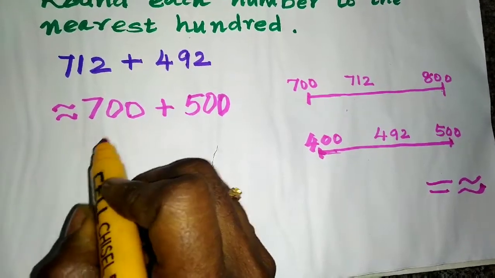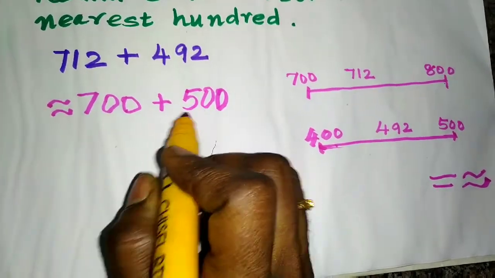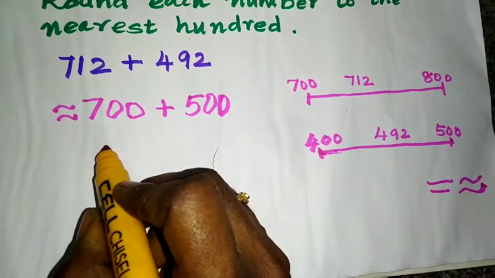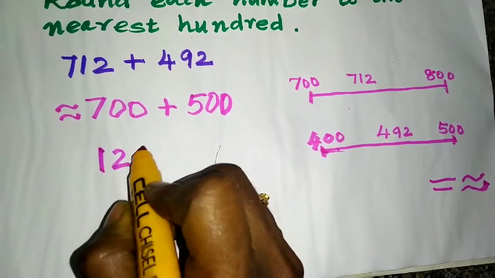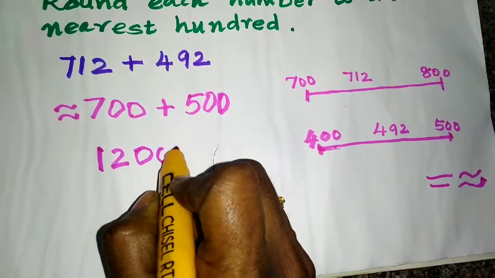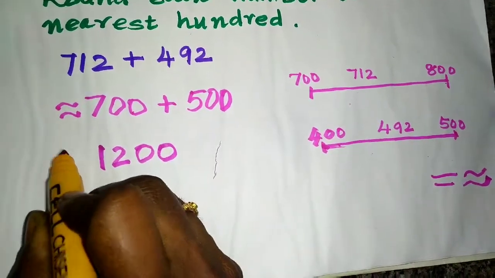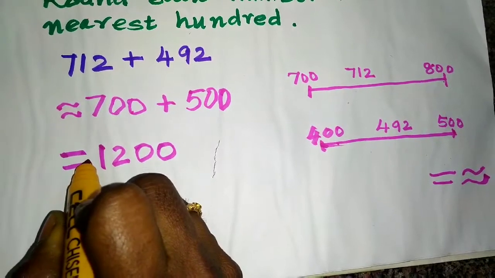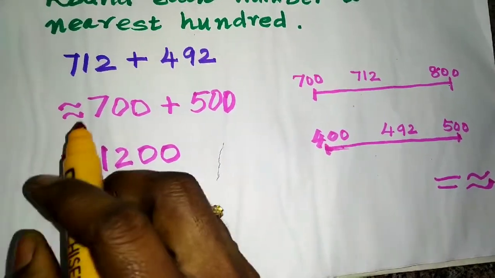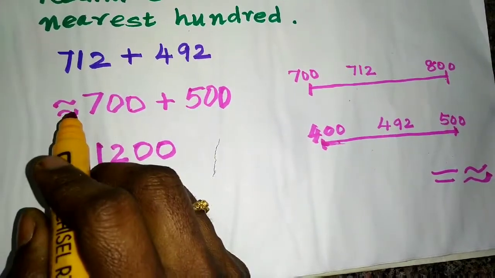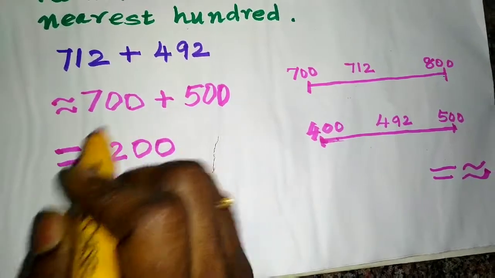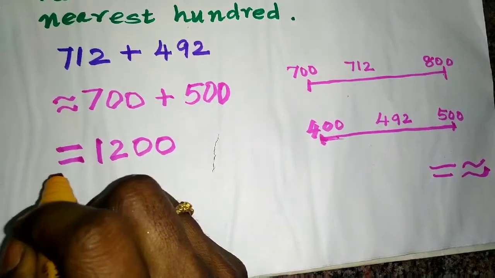So put the equal to symbol. 700 plus 500, what will you get? 7 plus 5 makes 12. So 1200. Are you clear, children? We have to put the equal to symbol after summing up the two values. You got the answer as 1200 by using the round off values.